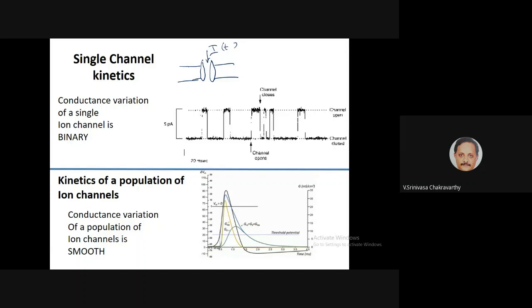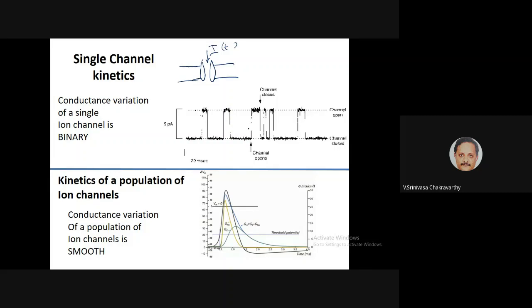So basically what this graph tells us is that the channel opens completely, remains open for some time, allows current to pass, closes rapidly, remains closed for some time with no current, again opens and allows full passage of current for a brief time, and so on. So the channel just flutters, you can say. It shows very rapid open-close dynamics.